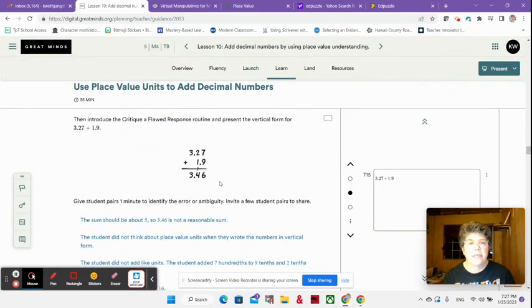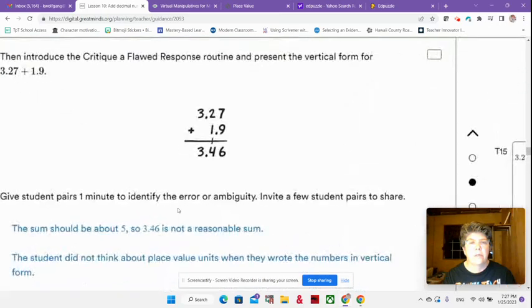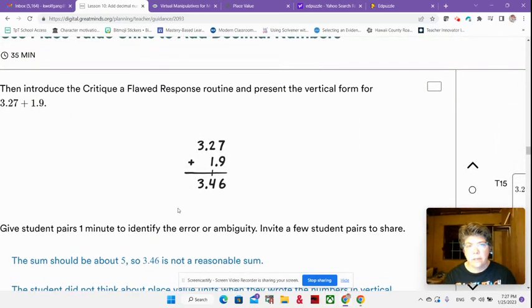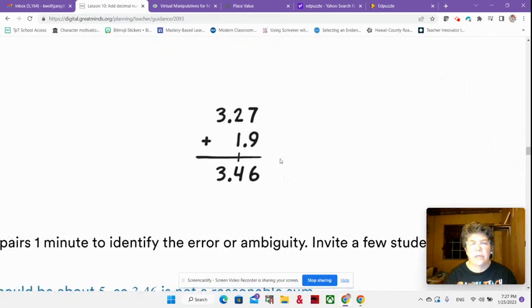And we're going to look at this. Look at this question, in vertical form. But I'm going to tell you there's a mistake here. So looking at this vertical form, look for the mistake, and I want you to put it into Edpuzzle.